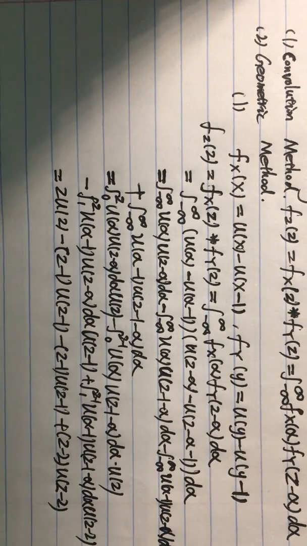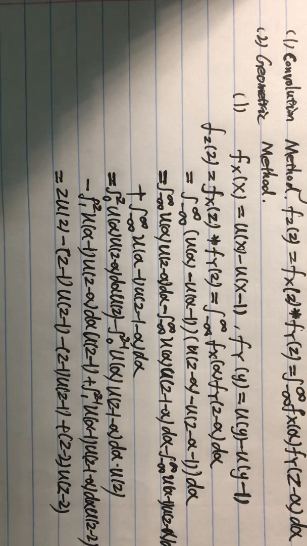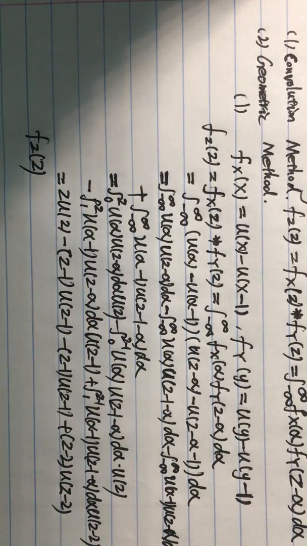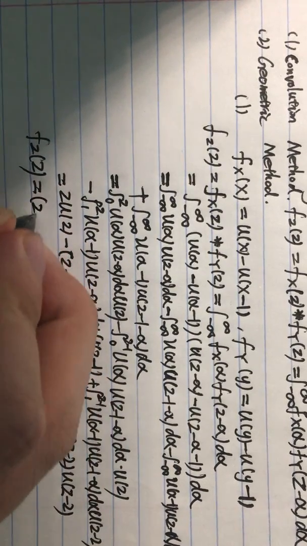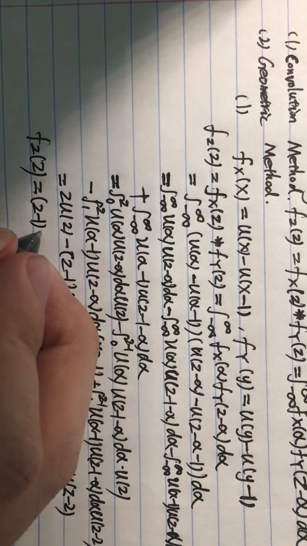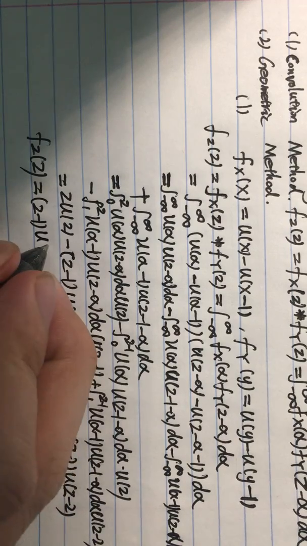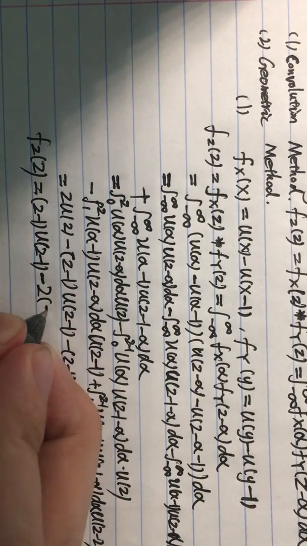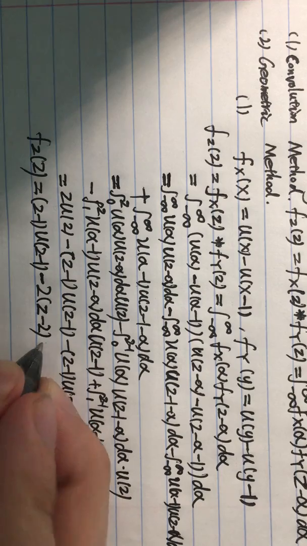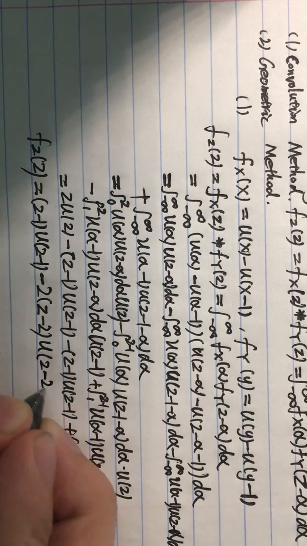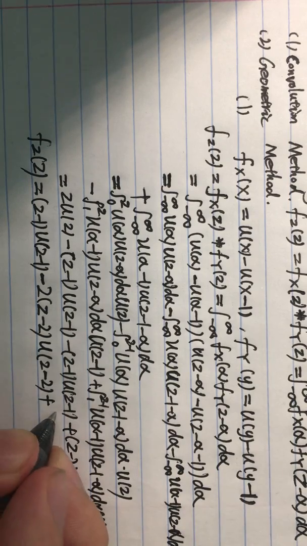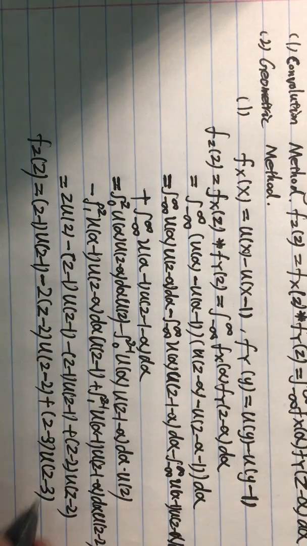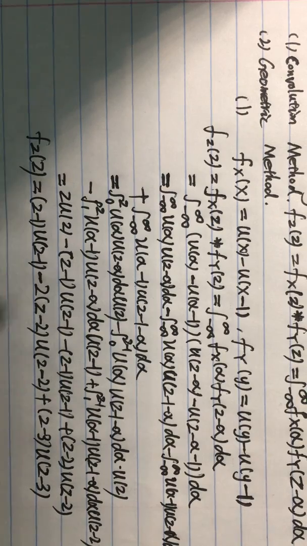So the final result is the true density function of z equals z minus 1 times step function z minus 1, minus 2 times z minus 2 times step function z minus 2, plus z minus 3 times step function z minus 3. So it's the final result of the density function of z.